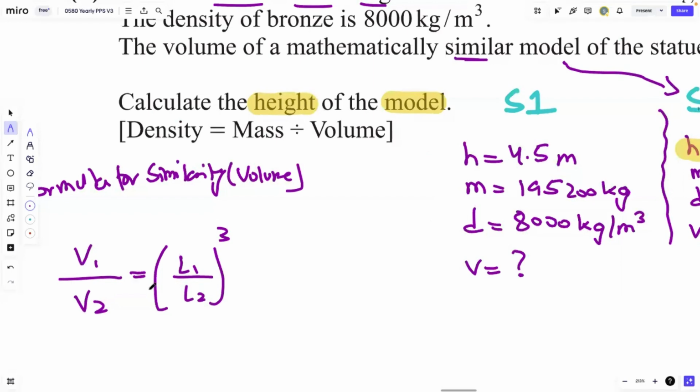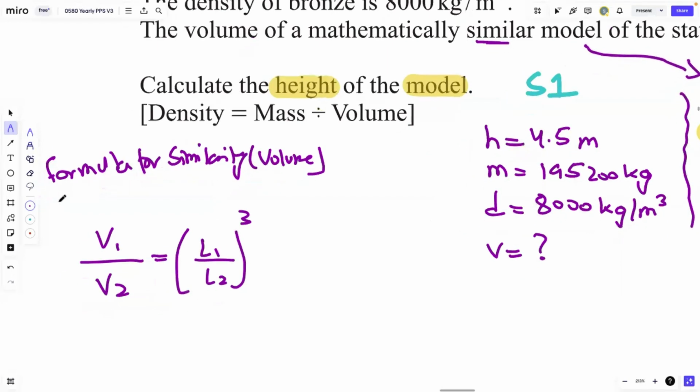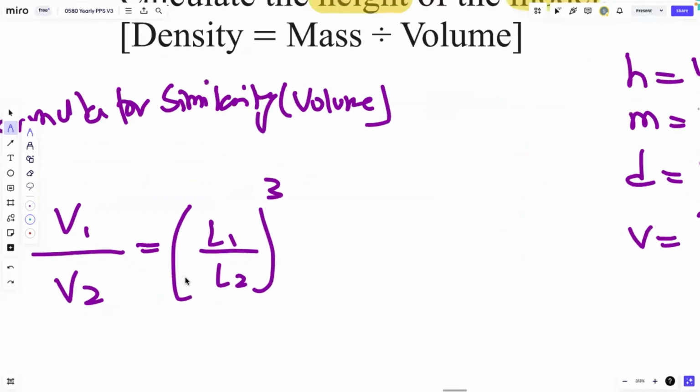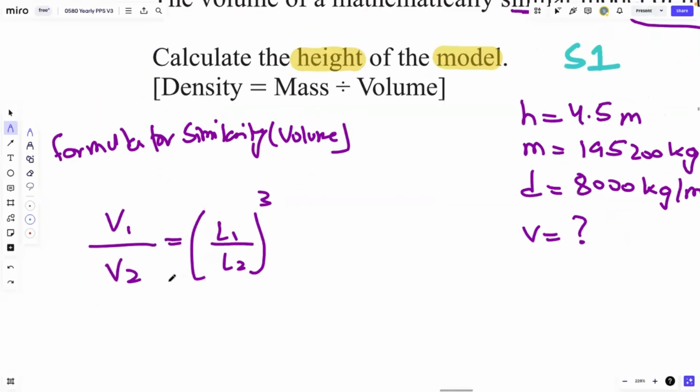You cube it to make the unit the same, because the unit for volume is meter cube, and for any length, that may be height, the unit is meter. That's how the formula is derived, but we can work around without that knowledge as well. This is the formula that we are going to use for similarity.